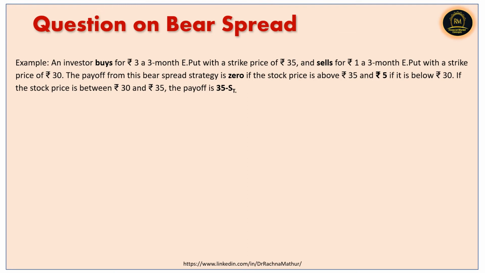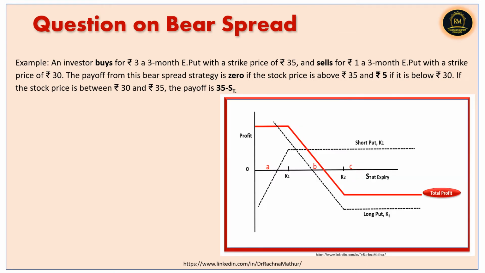Let us see a numerical question on bear spread. I suggest all of you plot the question on the figure for easy understanding. The question says an investor buys a 3 rupee 3-month European put with a strike price of 35 and sells for 1 rupee a 3-month European put with a strike price of 30.